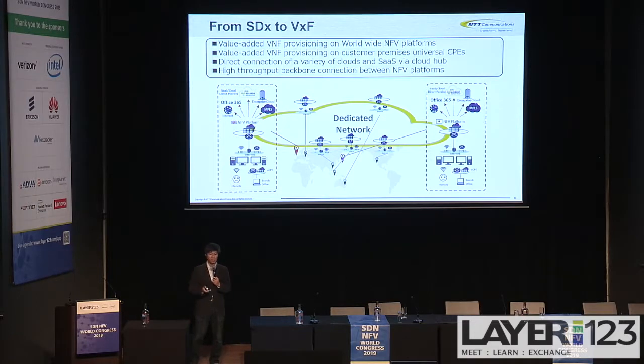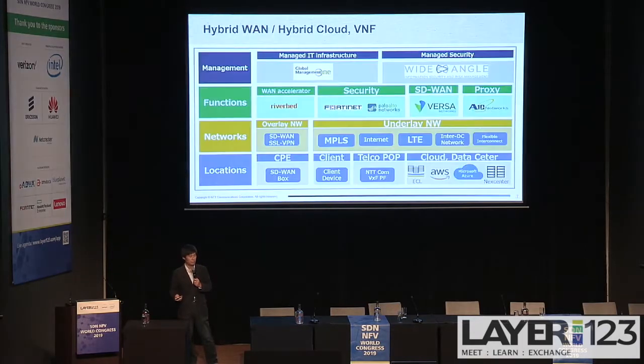By using our direct peering with the cloud provider, you can simply connect to the cloud inside Japan. So that's a huge jump that I showed last year, from the SDX to the NFV.